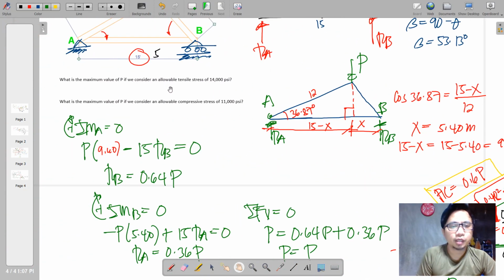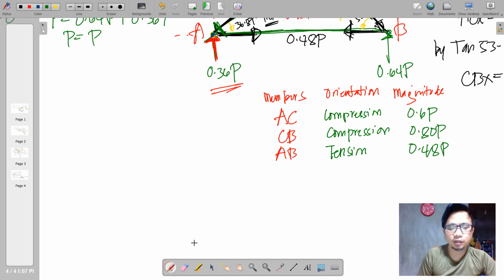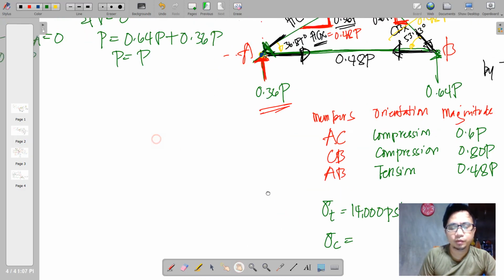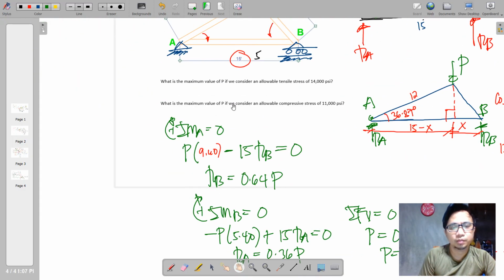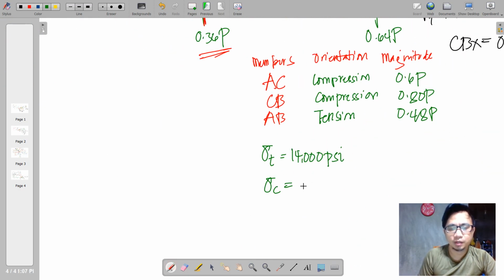So if we consider an allowable tensile stress of 14,000 psi, sigma tensile is 14,000 psi. And then sigma compressive is equal to 11,000 psi.